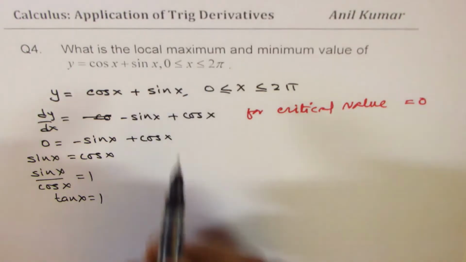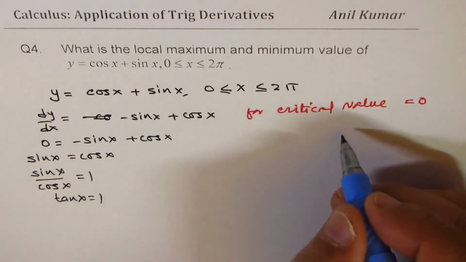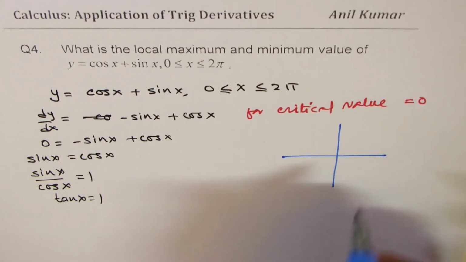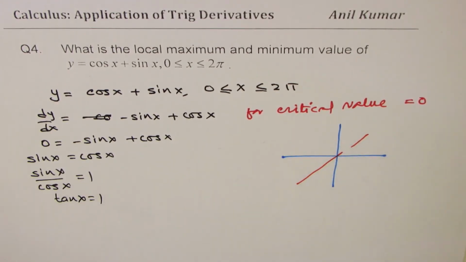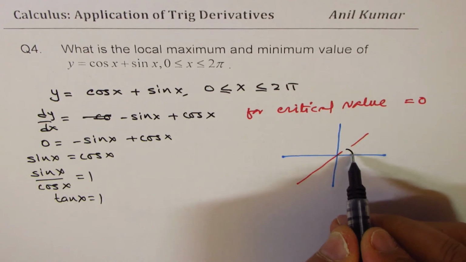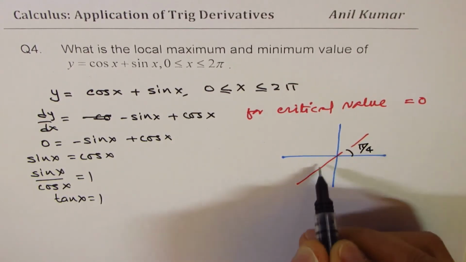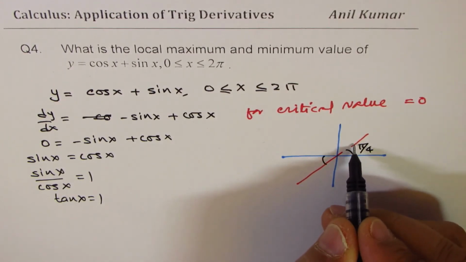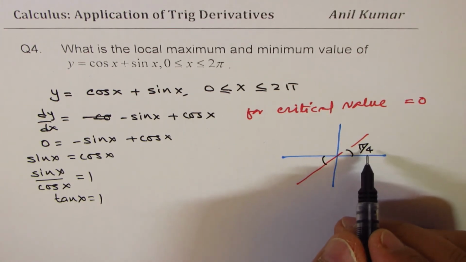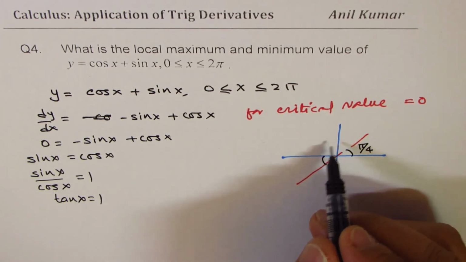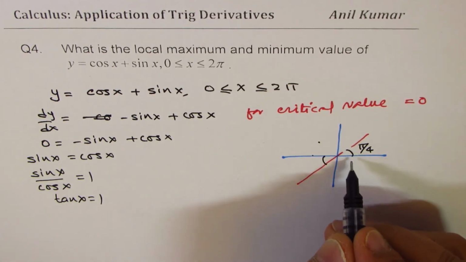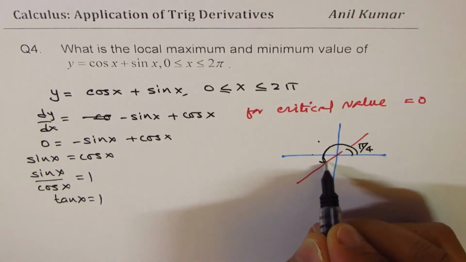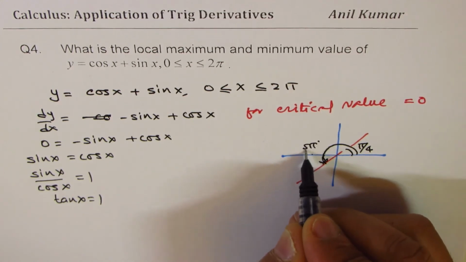And between 0 and 2 pi, when is tan x 1? Tan x is positive 1 when you are in quadrant 1 or in quadrant 3, the angle being pi by 4, right? So it is pi by 4, or 5 pi by 4, correct?